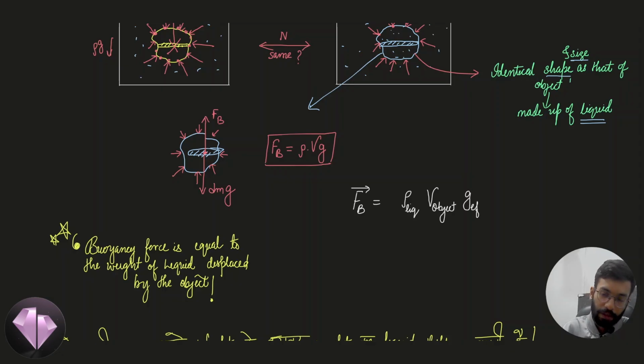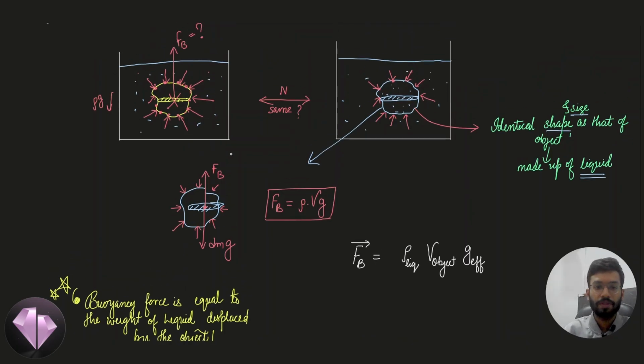Rather than g, I am writing g effective because obviously now समझ चुके होंगे कि this g is nothing but g effective, like turning on the gravity in g effective's direction. So g effective की एक direction होगी, but Buoyant force acts opposite to the direction of the g effective, if you remember.